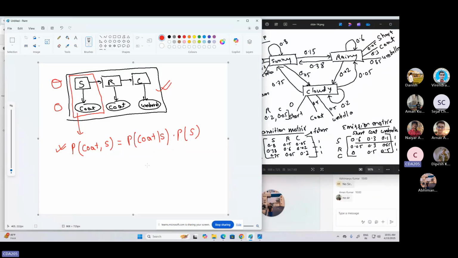If you want to calculate this total block, it will be big O comma theta equals big O given theta into P of theta. We can write it as coat, umbrella, sunny, rainy, cloudy.